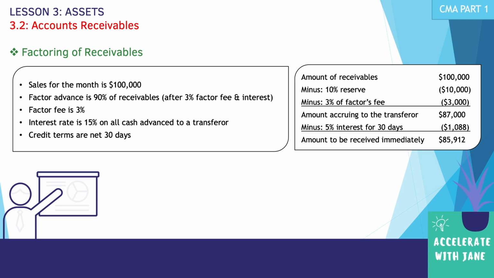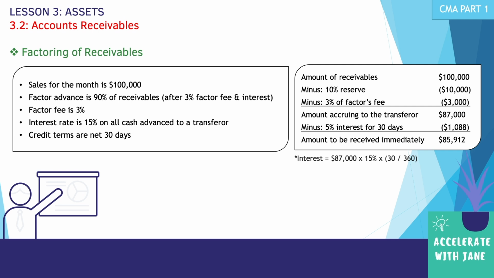And then we compute the interest for 30 days, which is usually based on the net amount accruing to the transferor. If you can see here, we base the computation of interest on the amount accruing to the transferor, which is 87,000 US dollars. Sorry, this is just a typo error. The interest should be 15%.